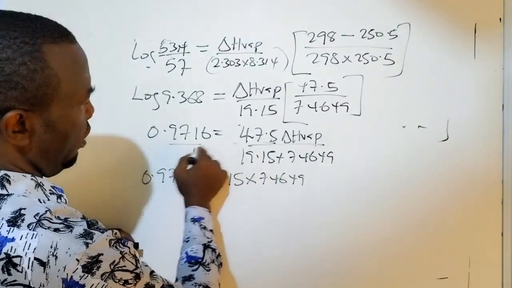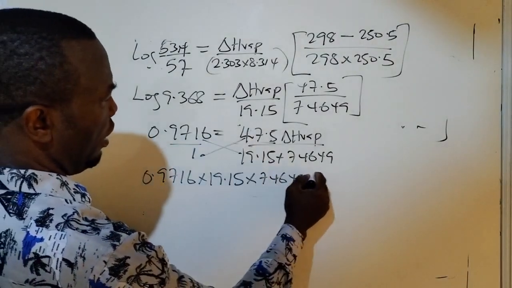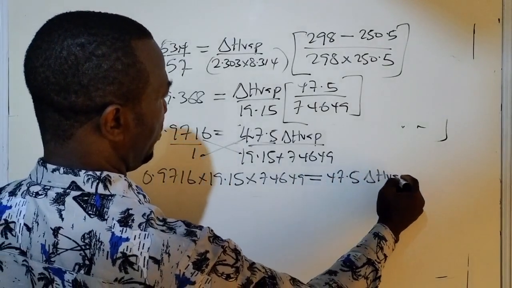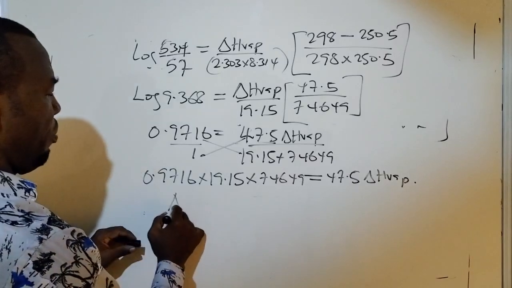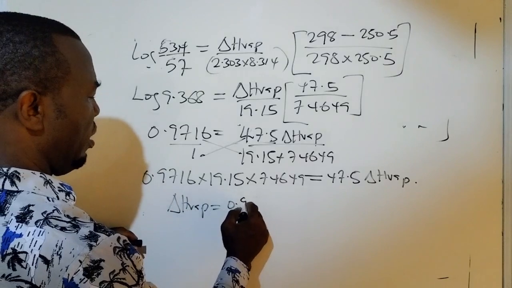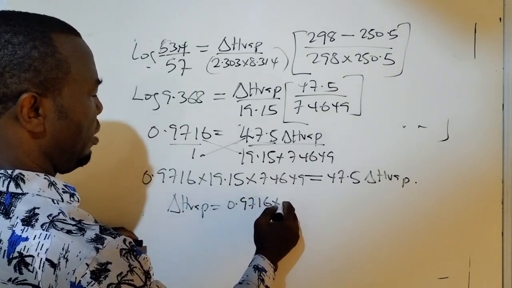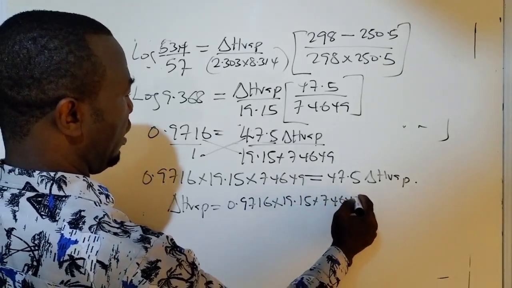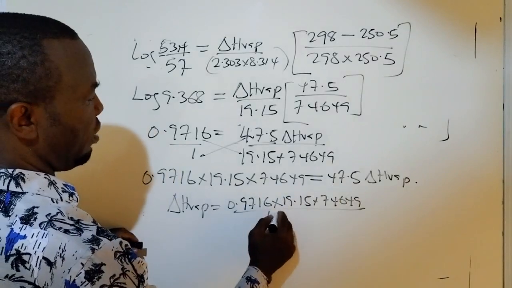If you cross multiply, what you have gives you 47.5 delta H vap. So the enthalpy of vaporization will now become 0.9716 times 19.15 times 74649 all over 47.5.